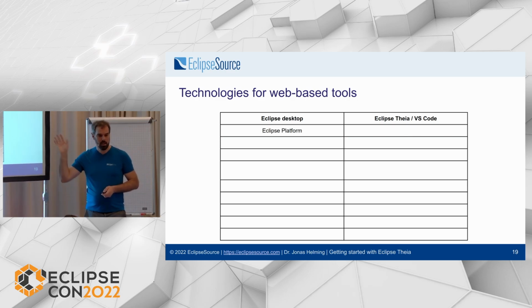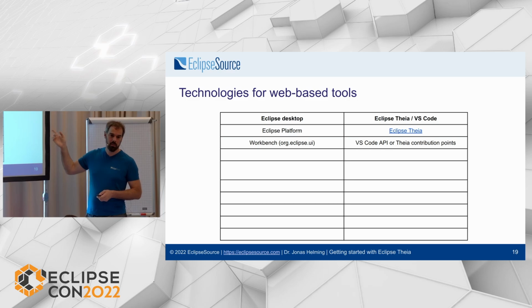So we have the Eclipse platform, you could go to Theia. The workbench, all these APIs, again, either the VS Code API if you use VS Code extensions, or Theia extensions. SWT and JFace, the GUI, it's HTML, TypeScript, and the technology of your choice: React, Vue, Angular.